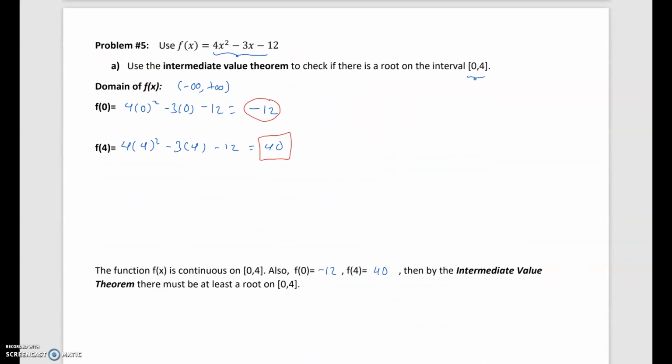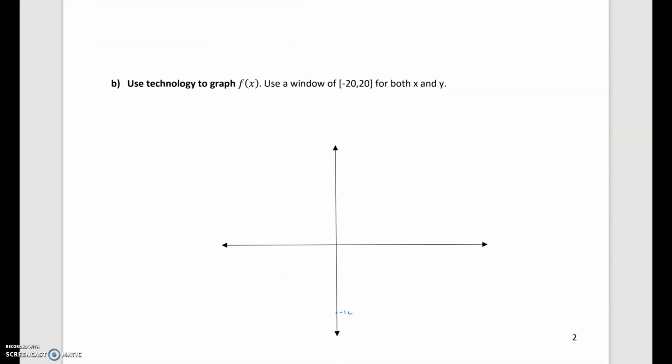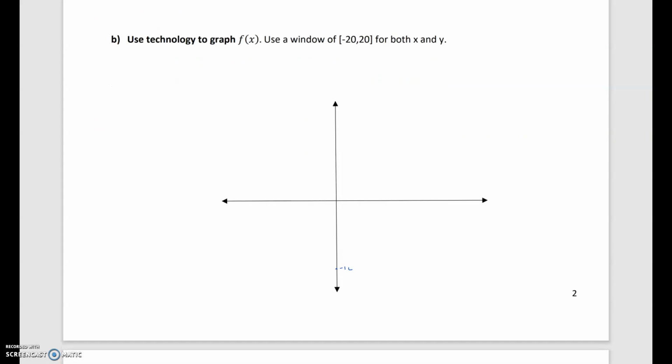And here, one easy coordinate point to spot is the y-intercept, or 0, negative 12. And then all I want is a sketch of our function that it's going in this direction.